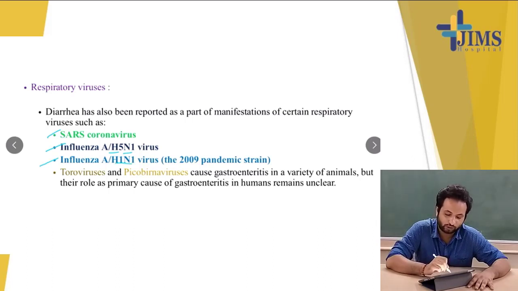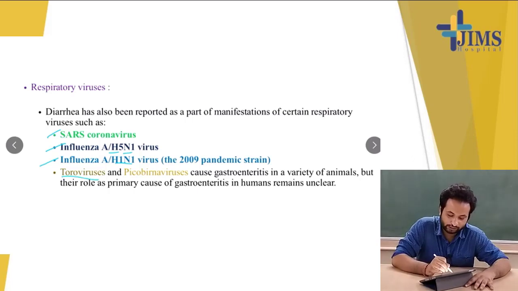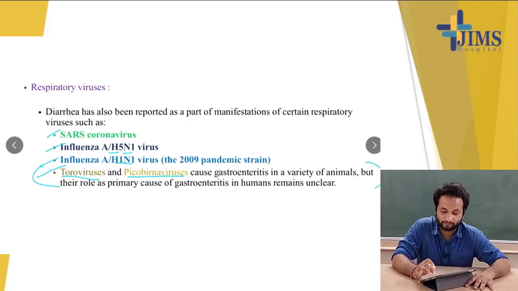And then there are 2 other viruses which are not that important and do not cause gastroenteritis in humans so much. They cause diarrhea in a variety of animals, which are toroviruses and picobirnaviruses. These 2 are also among the viruses which cause viral diarrhea.